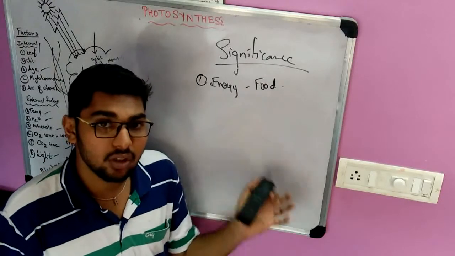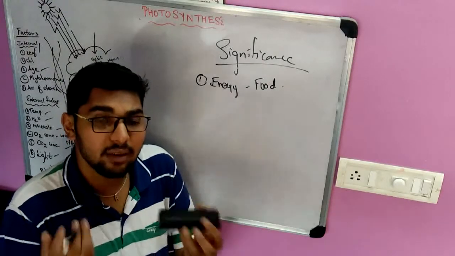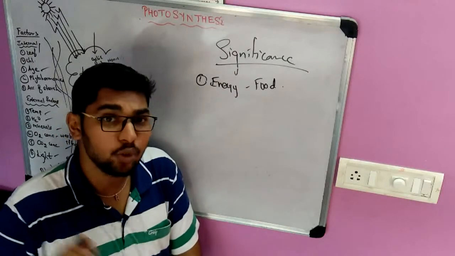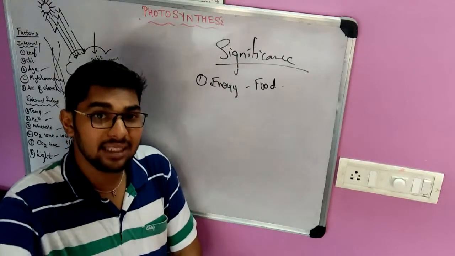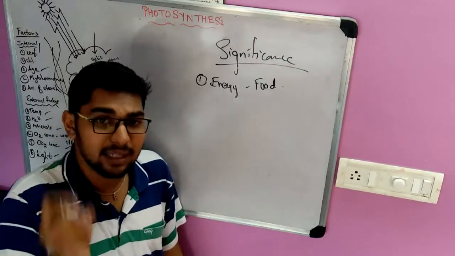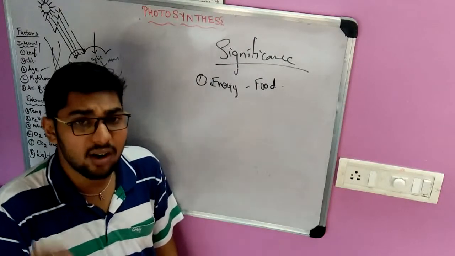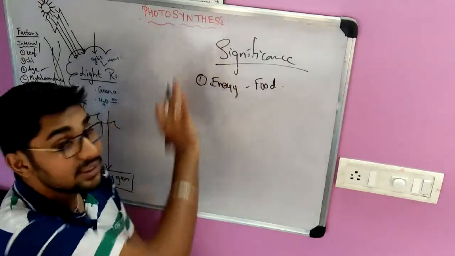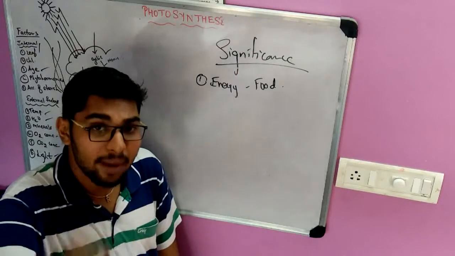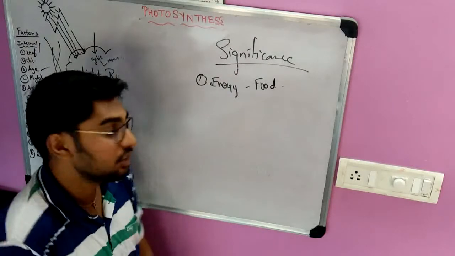These produce glucose or carbohydrates or starch, and their extra food is stored as reserve food material, which we consume in the form of rice, grain, pulses, wheat, ragi, proteins, leguminous crops, everything. All those are the products of photosynthesis, without which no biota can live. No microorganisms or macroorganisms can sustain.